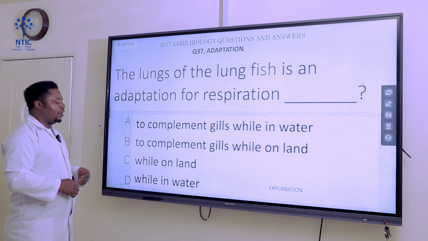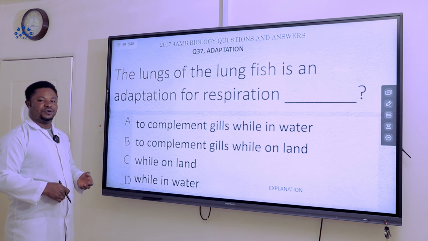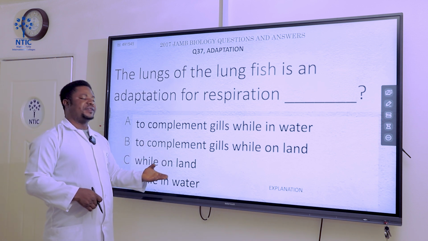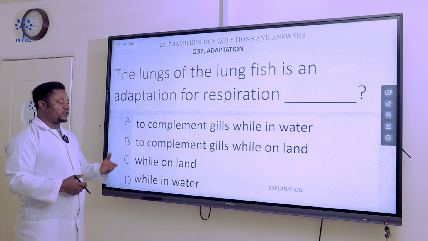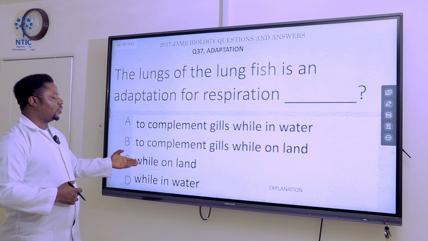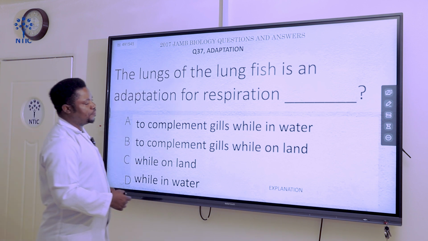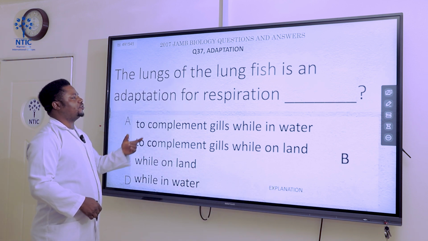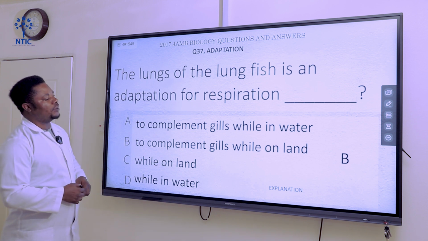Then if you must live on land, you must have evolved an adaptive feature, which is the lung. The lungs will help you to live on land because gaseous exchange between the lungs and the internal environment is made possible with lungs for animals living on land. The correct answer is B. The lungs complement the gills while they are on land.